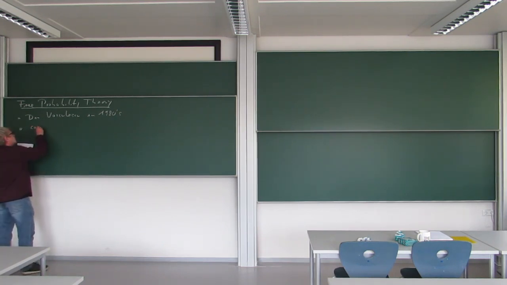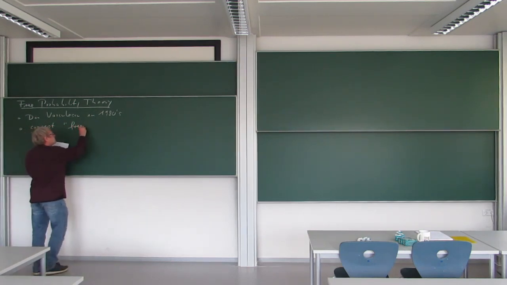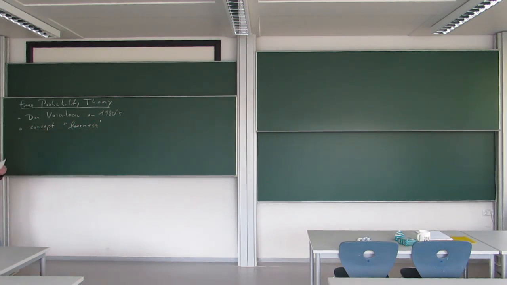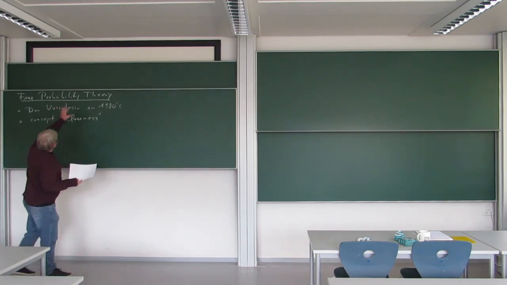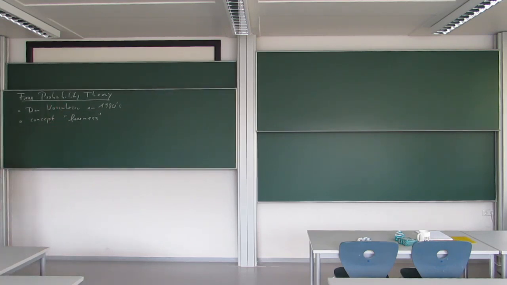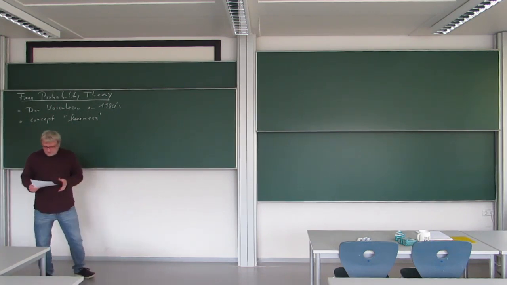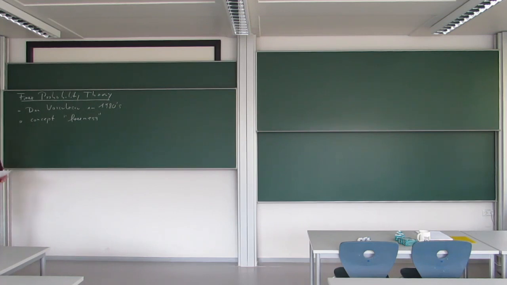He isolated a concept which he called freeness. This was in the context of operator algebras, but the whole thing is called free probability theory. Operator algebras have nothing to do with probability theory, but the philosophy about this freeness is that it should be investigated in analogy to the notion of independence from classical probability theory.